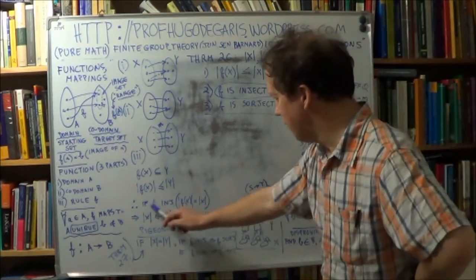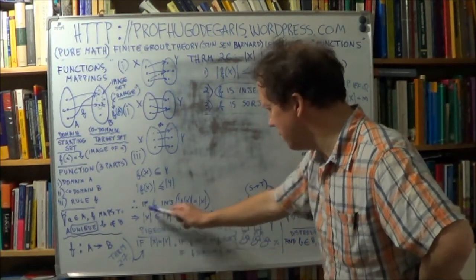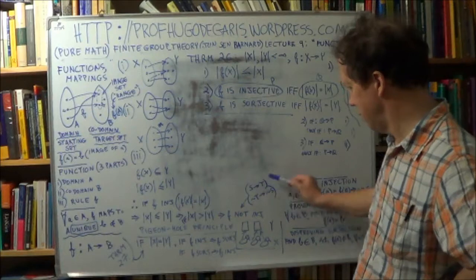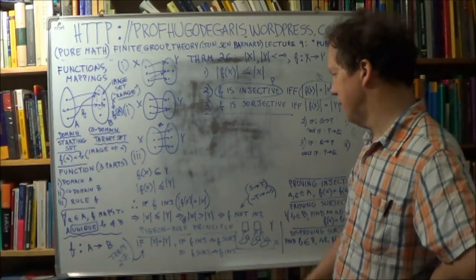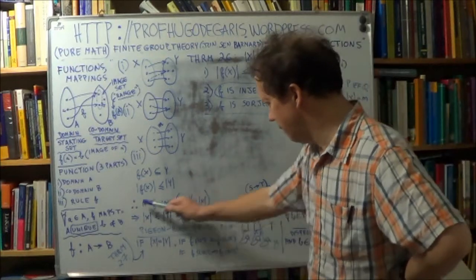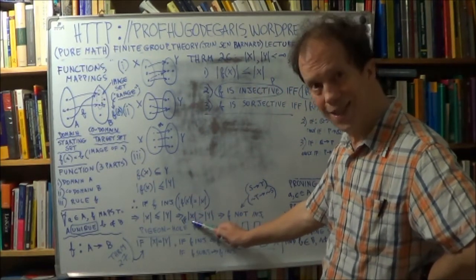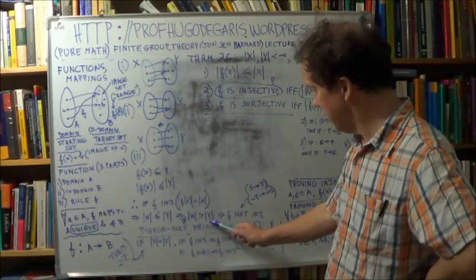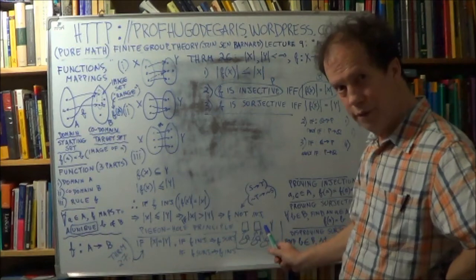Right? If that's true, that. But if this is false, this is false. Okay? Using this kind of reasoning. All right? So if your starting set is larger than your target set, then that mapping f cannot be injective.